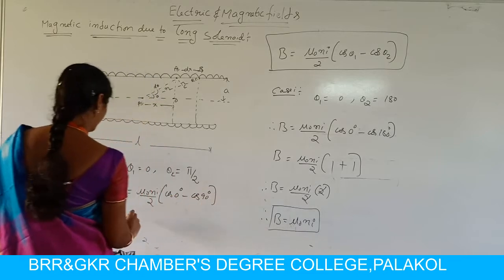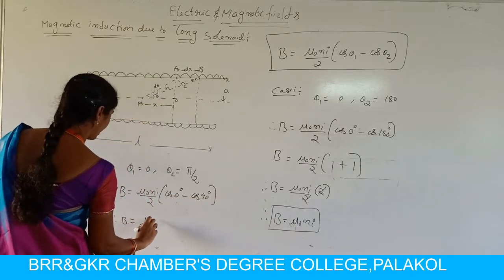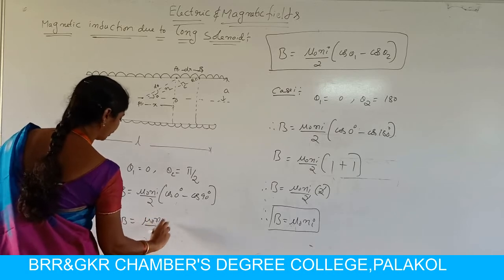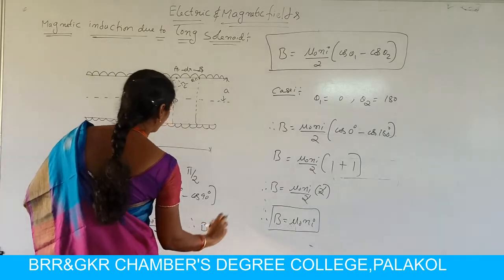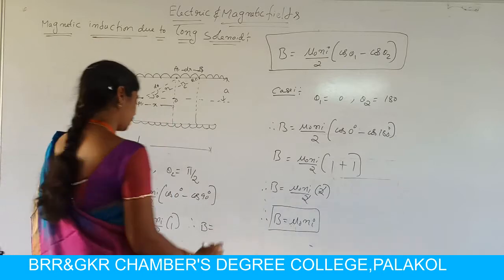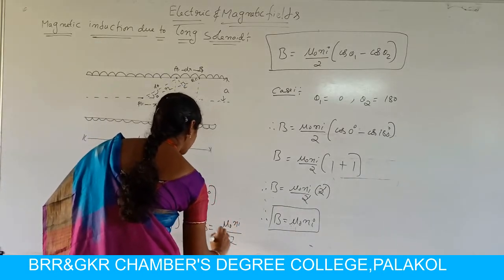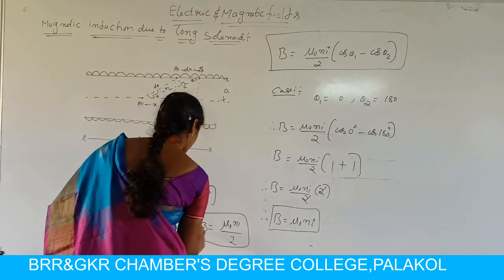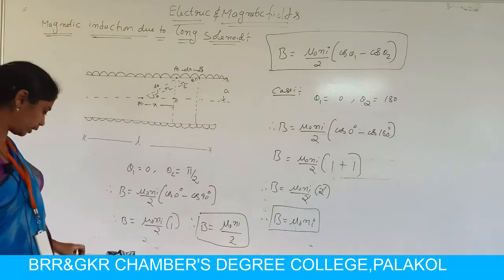We know the value of cos 90 is 0. Then B equals mu naught ni by 2 into 1. So, when the point P is at the end of the solenoid, the magnetic field induction is B equal to mu naught ni by 2. These are the two cases that arise for the magnetic field induction due to a long solenoid.